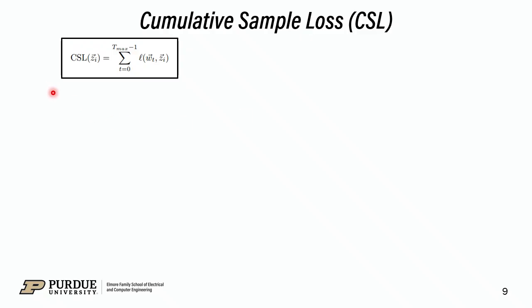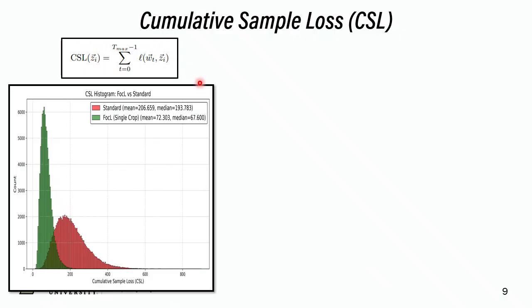We calculate CSL via this equation, and it says that the loss calculated per epoch, when you sum across all the epochs, if the loss is high, then the sample is harder to learn. If it's low, the sample is easier to learn, and this has been shown as a good proxy for memorization. So the first result we show here is the histogram of CSL, FocL versus standard.